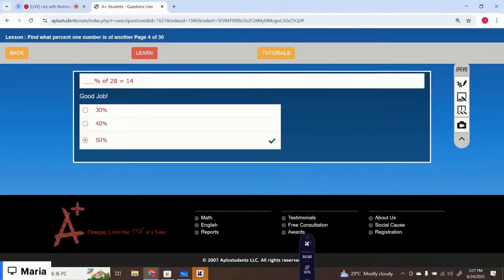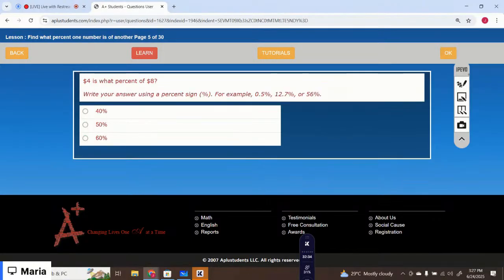That is the correct option. $4 is what percent of $8?